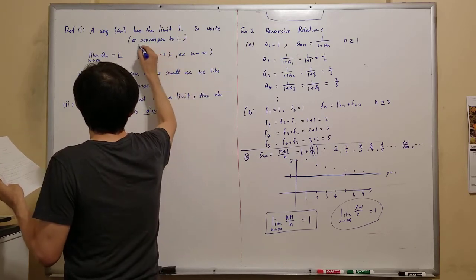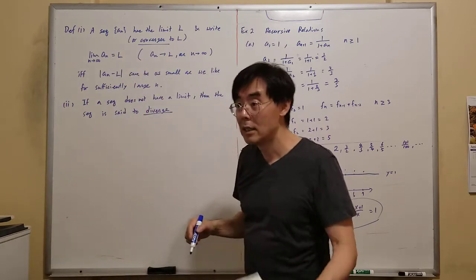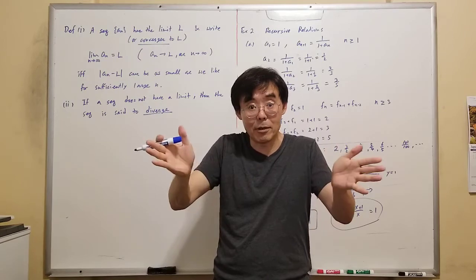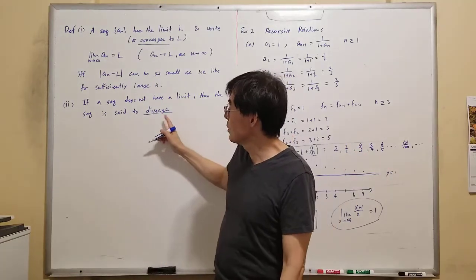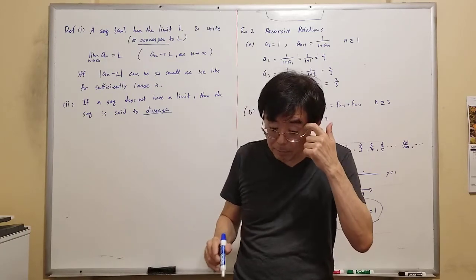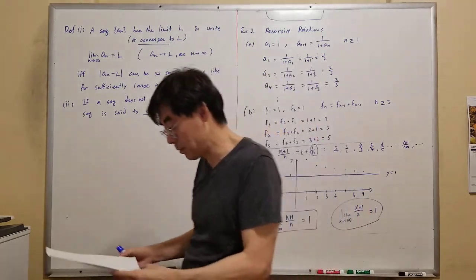Not having a limit means diverge. Well, the English word diverge is like you're getting farther apart. But for sequences, diverge can be anything other than convergence. For example, we'll see some examples.